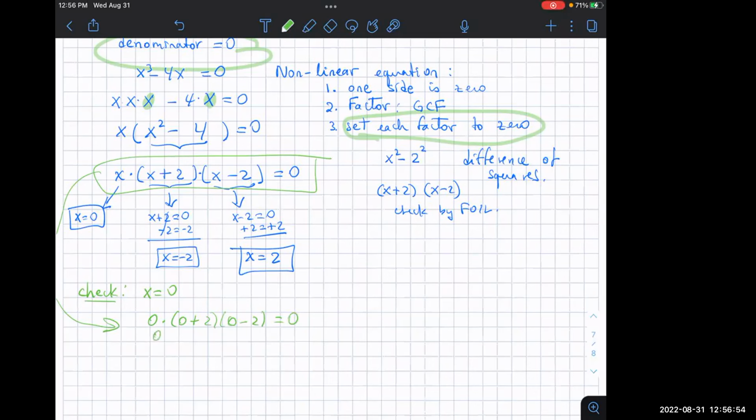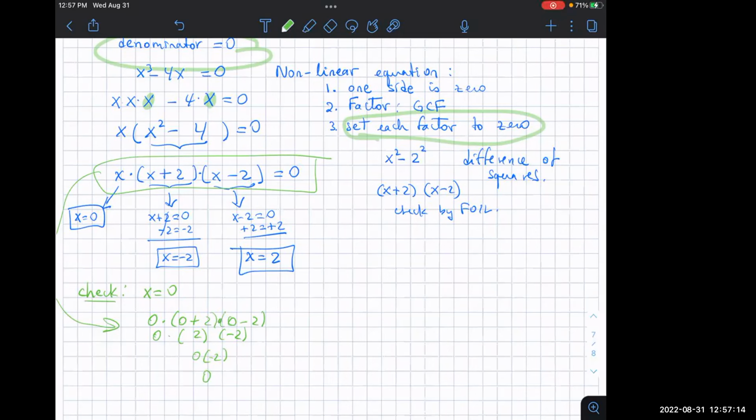So I get 0 times 2 times -2. What is that equal to? 0 times 2 times -2? 0, right? 0 times 2 times -2 is 0 times -2, so it's 0.